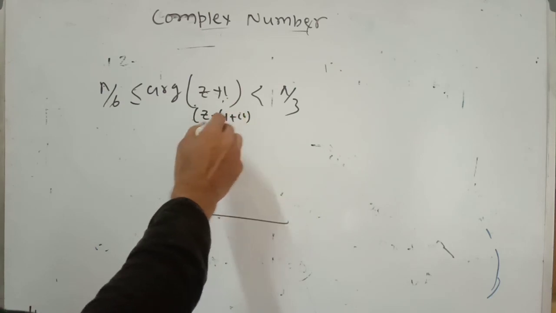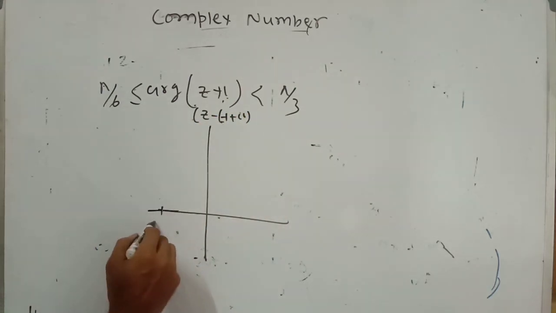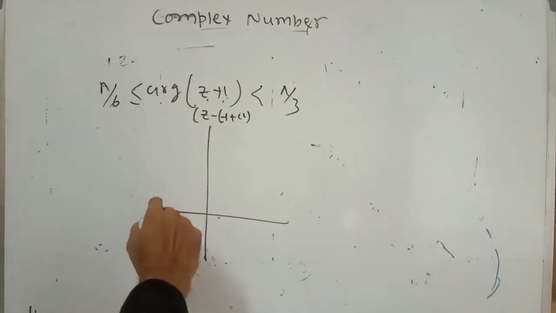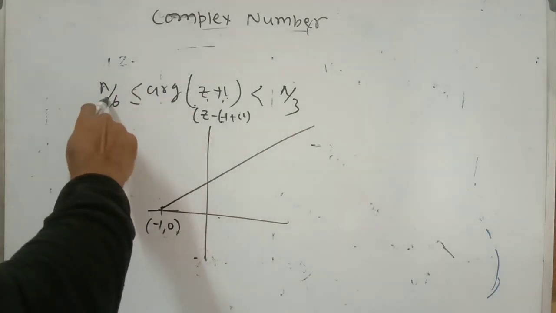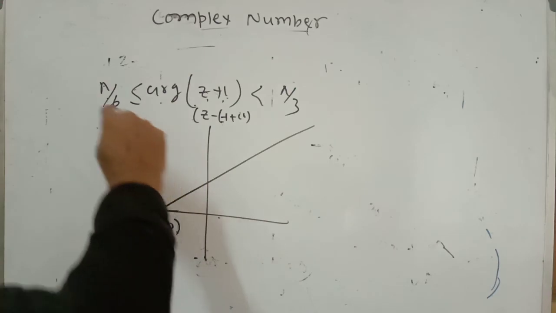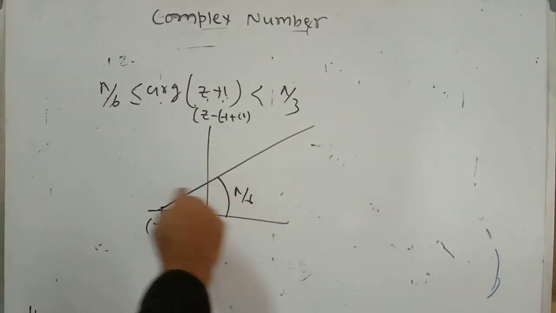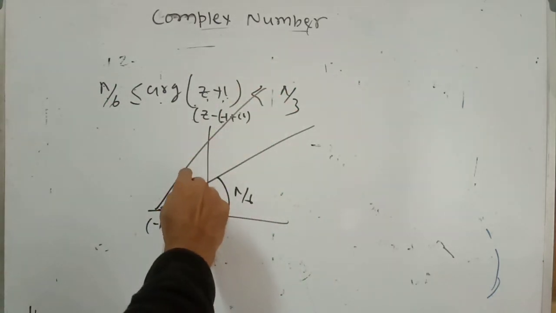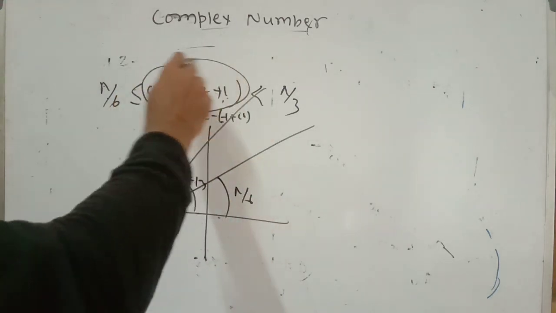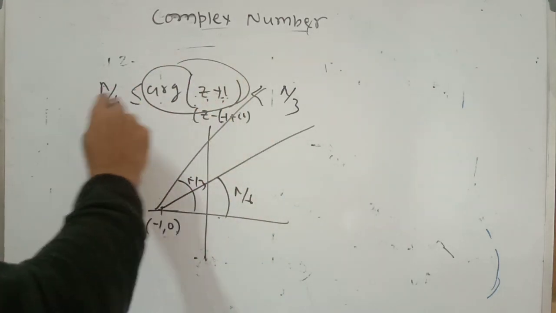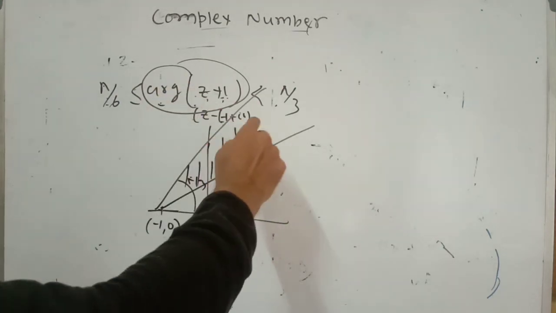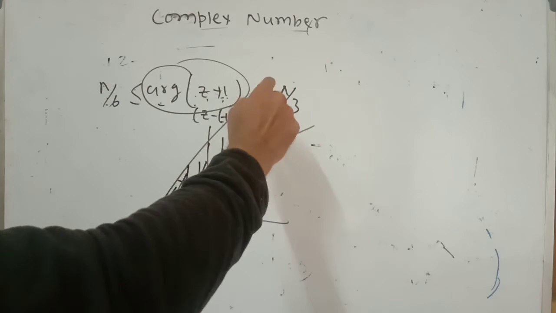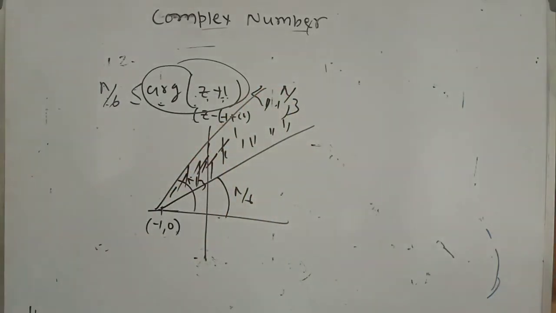When you draw the argument of z plus 1, one line makes an angle of pi by 6 and another makes pi by 3. The argument of z plus 1 lies between pi by 6 and pi by 3, so the locus of this one lies in between these two arguments.